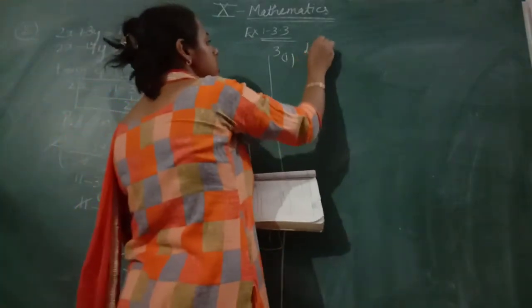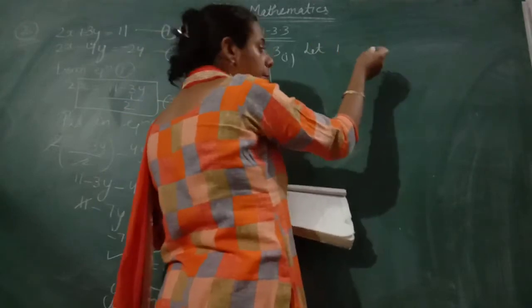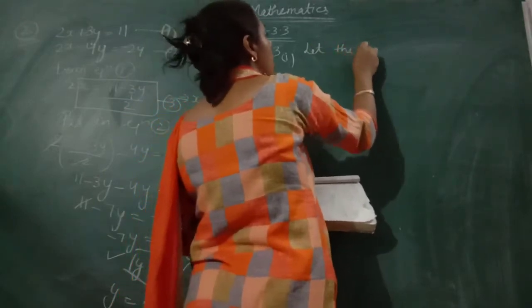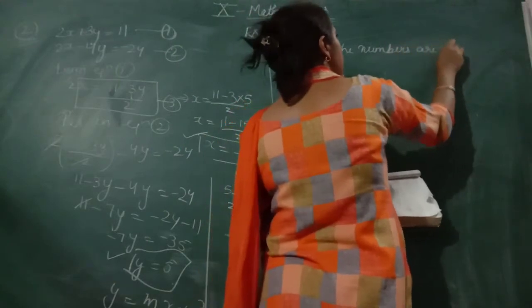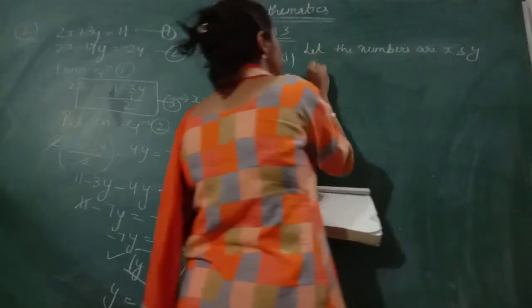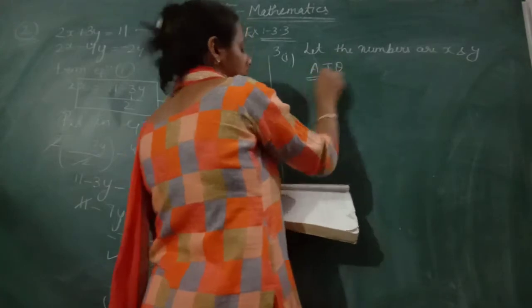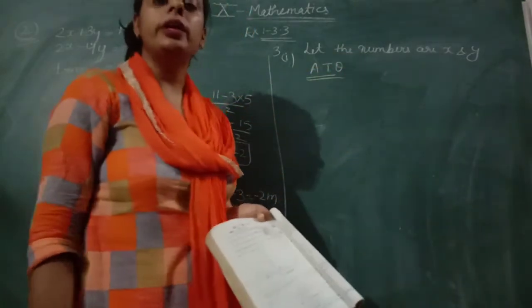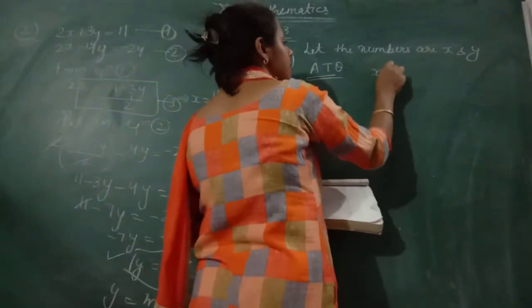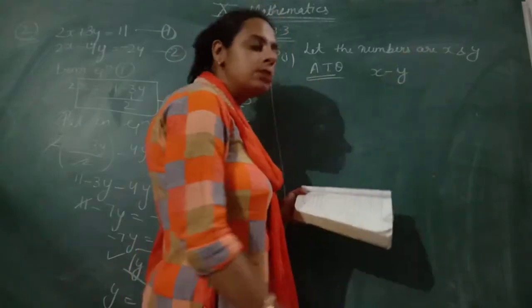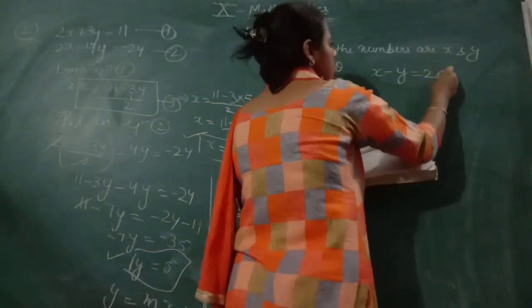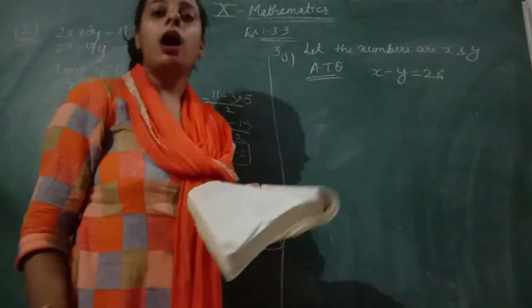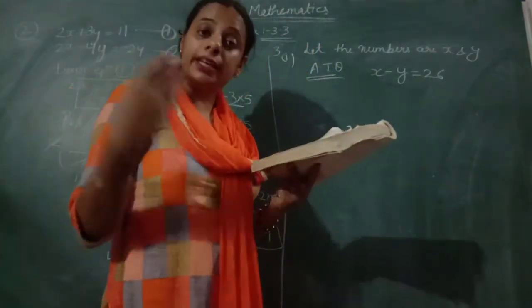Let me consider what those numbers are. Let the numbers be x and y. According to the question, the difference is 26, so the difference x - y is equal to 26. How can you get the second equation?